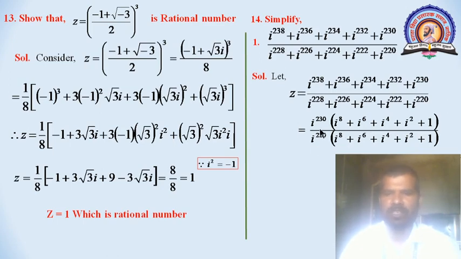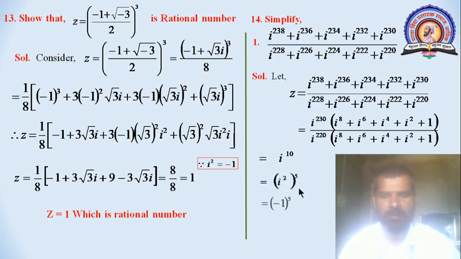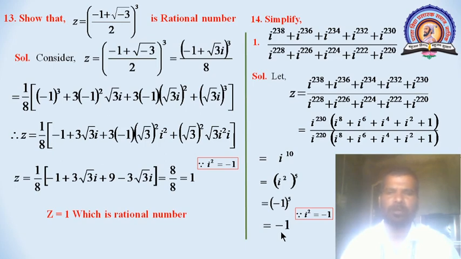Using laws of indices, i^230 upon i^220 becomes i^10. We split i^10 in the form of (i²)^5, because we know that i² = -1. So (-1)^5. We know that a negative number with an odd power has a negative value, therefore it is equal to -1. So z = -1, the value of this expression is -1.